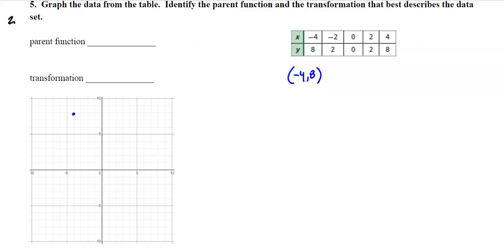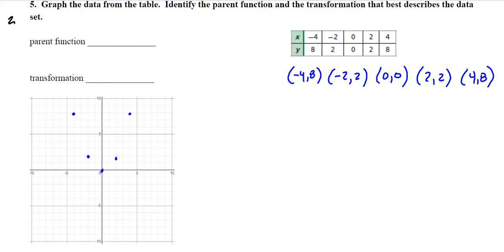My next ordered pair is -2, 2, left 2 up 2. Then we have 0, 0, which all of our parent functions go through. Then I have 2, 2, which is over 2 up 2, and 4, 8.